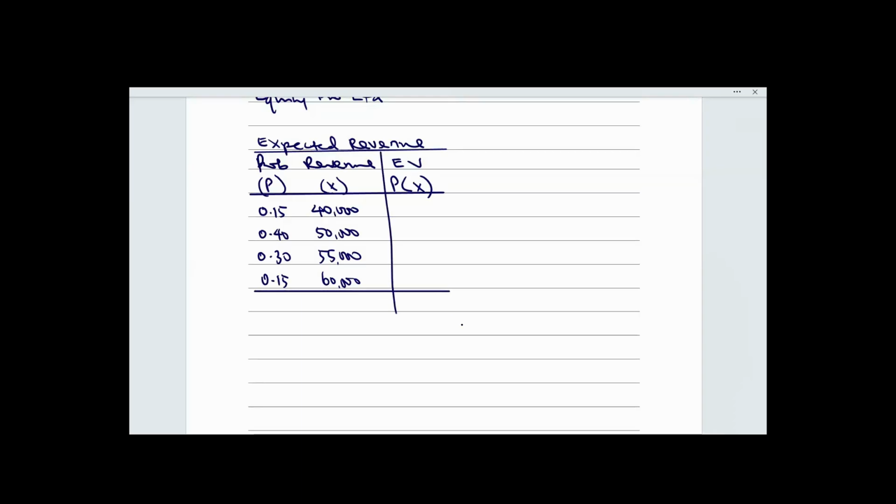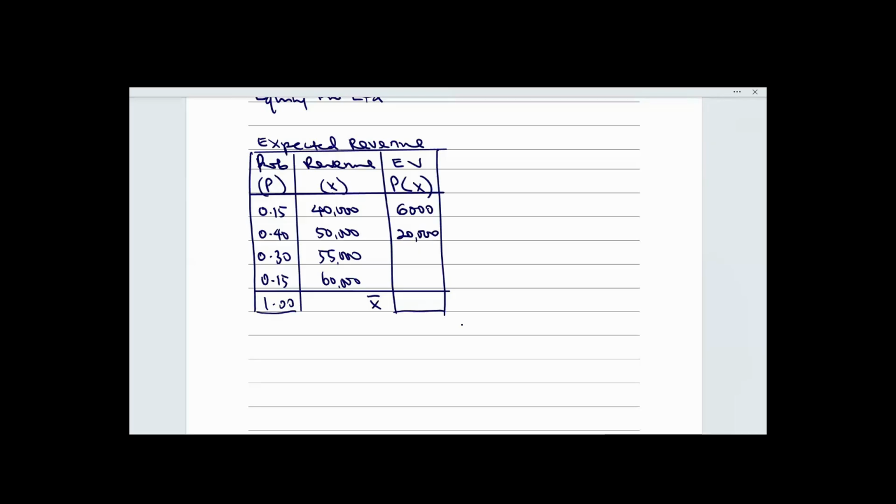So to now get the expected value, expected revenue, you are supposed to multiply the probability with the cash flow. Therefore, what's 15% of 40,000? 6,000.